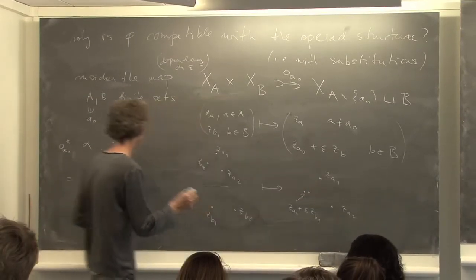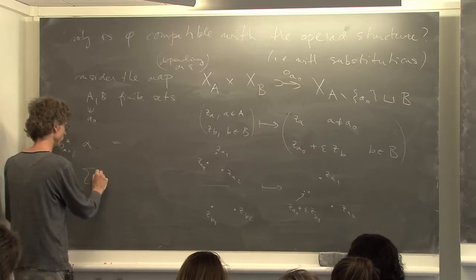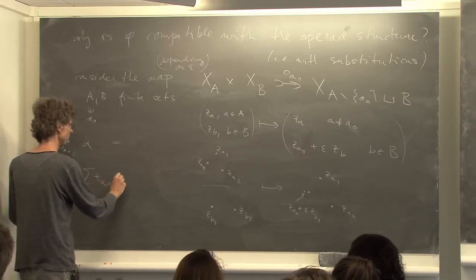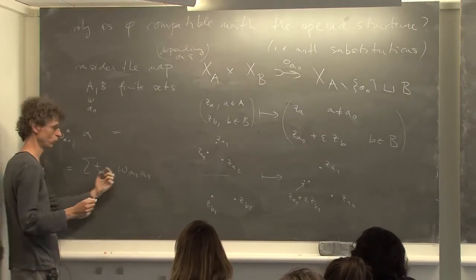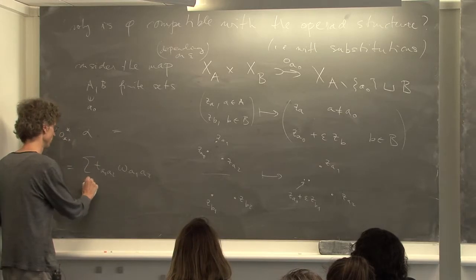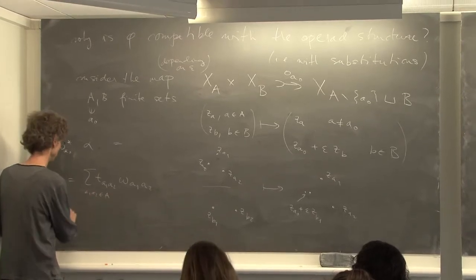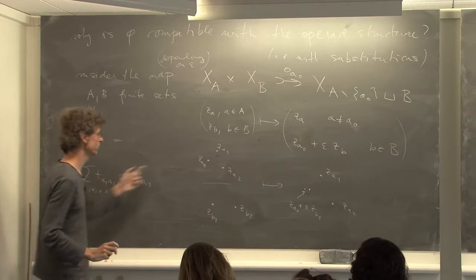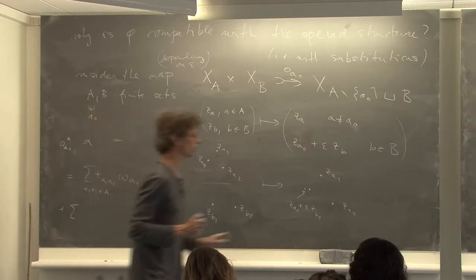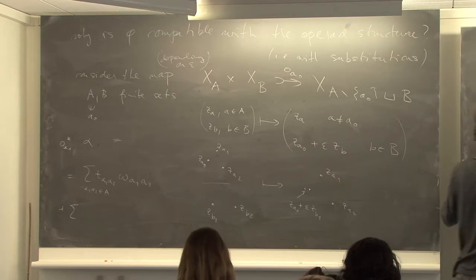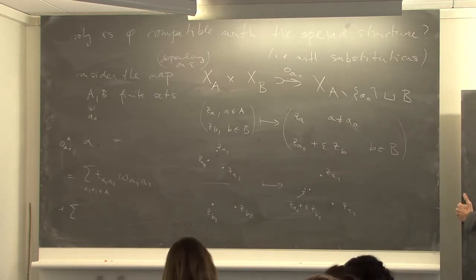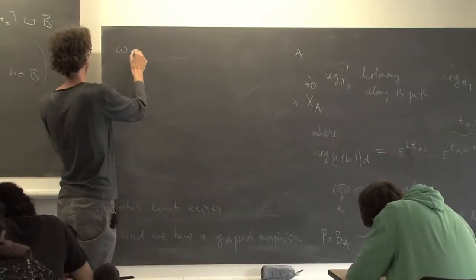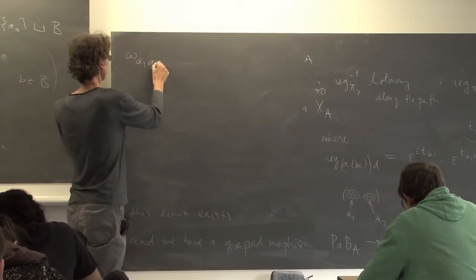We'll see certainly the sum of T A1, A2, omega A1, A2, over all pairs that are in A. If you remember this omega A1, A2, what was that?